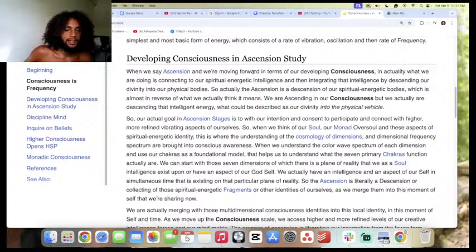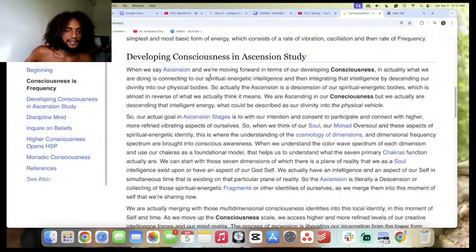So, developing consciousness in ascension study. When we say ascension and we are moving forward in terms of developing consciousness, in actuality what we are doing is connecting to our spiritual energetic intelligence and then integrating that intelligence by descending our divinity into our physical bodies. So actually, the ascension is a descension of our spiritual energetic bodies.